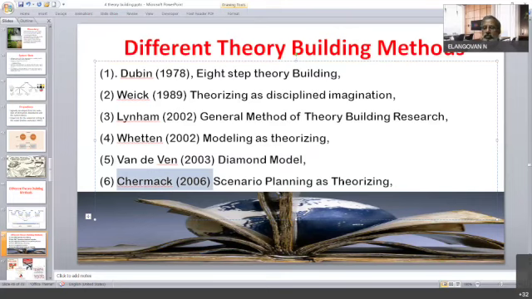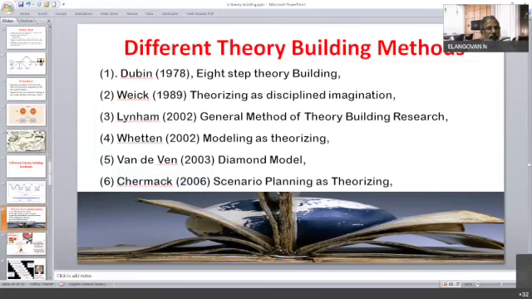The operations research or operations management scholars will know scenario planning. Even in Excel, there is a tool called scenario planning. So that scenario planning is also a kind of theorizing. So, different methods of theory building. I will show you some of these methods and explain what are those popular methods of theory building.